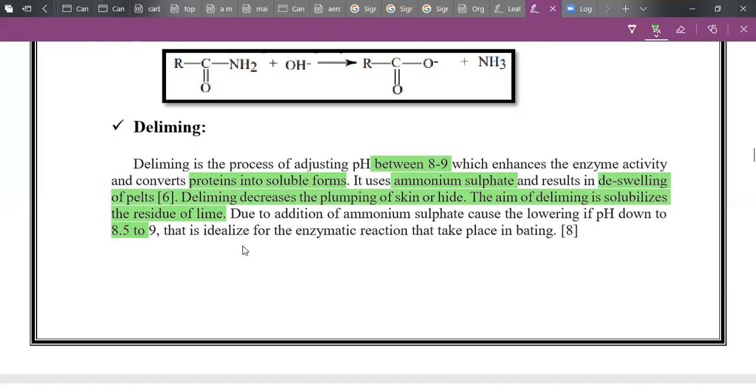That is ideal for the enzymatic reaction that takes place in bating. So in the deliming process, mainly two processes are involved. First, we reduce the pH to 8 to 9, and after that we convert the protein into the soluble form.